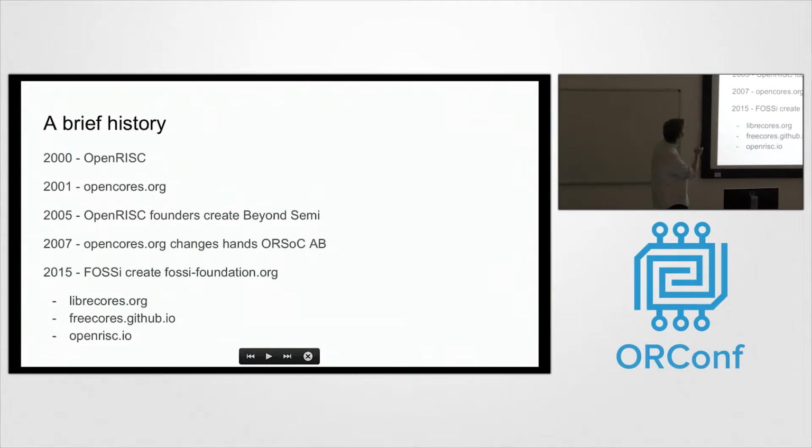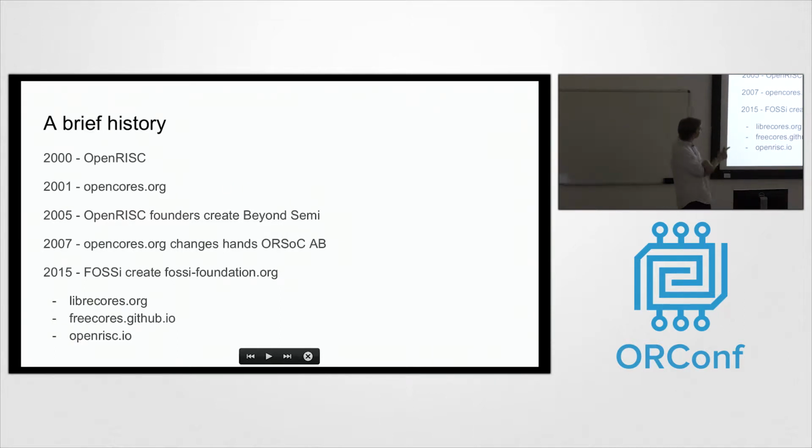Brief history. It was actually created in 2000, and it was hosted on this website called OpenCores, which maybe people haven't heard of. It's kind of dead now, but it still is there, and there's a forum there, and people talk about open IP cores.